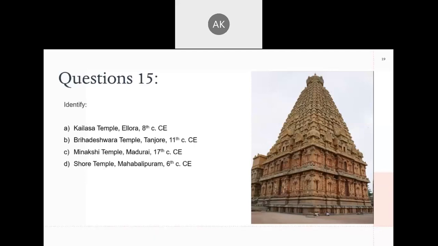The options are Kailash Temple of Ellora, Brihadeshwara Temple Tanjore, Meenakshi Temple of Madurai, or the Shore Temple Mahabalipuram.